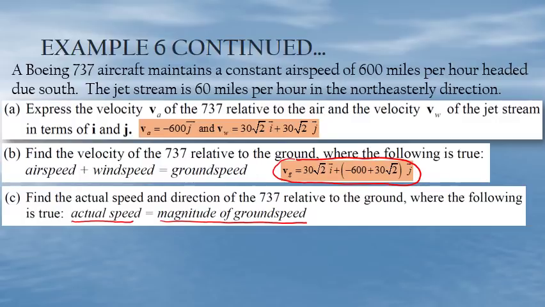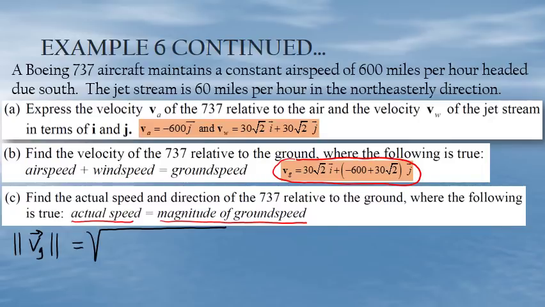Now, do you remember how to find the length? In other words, what I'm talking about is taking my ground speed vector and finding its magnitude. If you go back a couple of slides, you'll see that the formula for this is just the Pythagorean theorem. That's what's so nice about writing things in component form, is that you form right triangles.